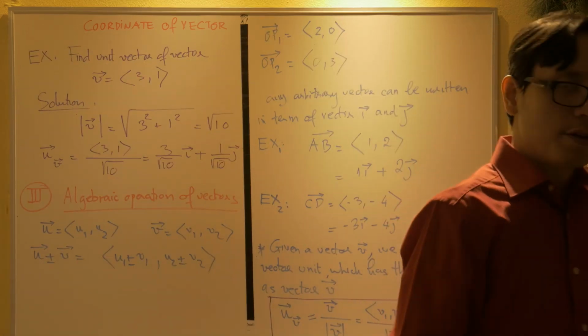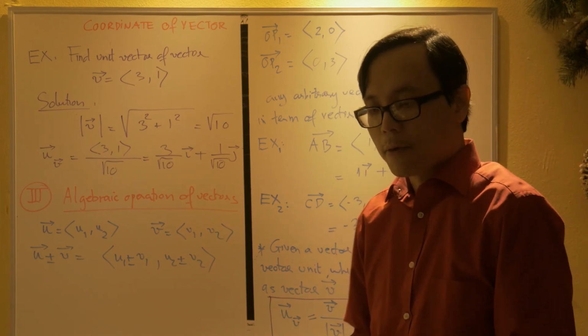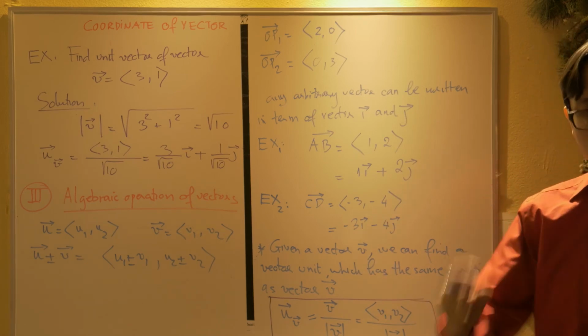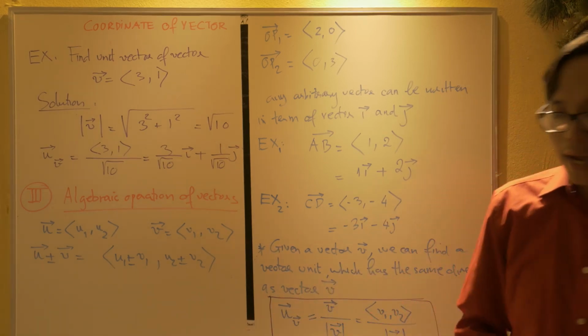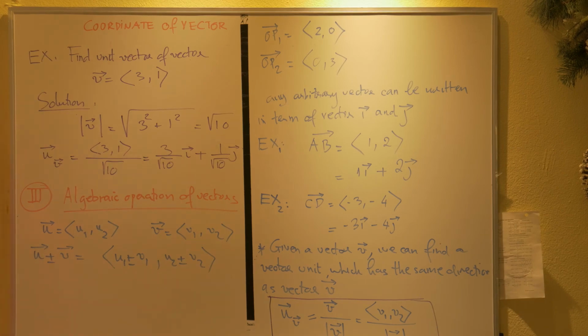And the same thing for when you multiply a vector by a scalar quantity. You just need to multiply each component of that vector by that scalar. For example, I want to multiply vector u with the scalar k. Then you just multiply that scalar by each component.